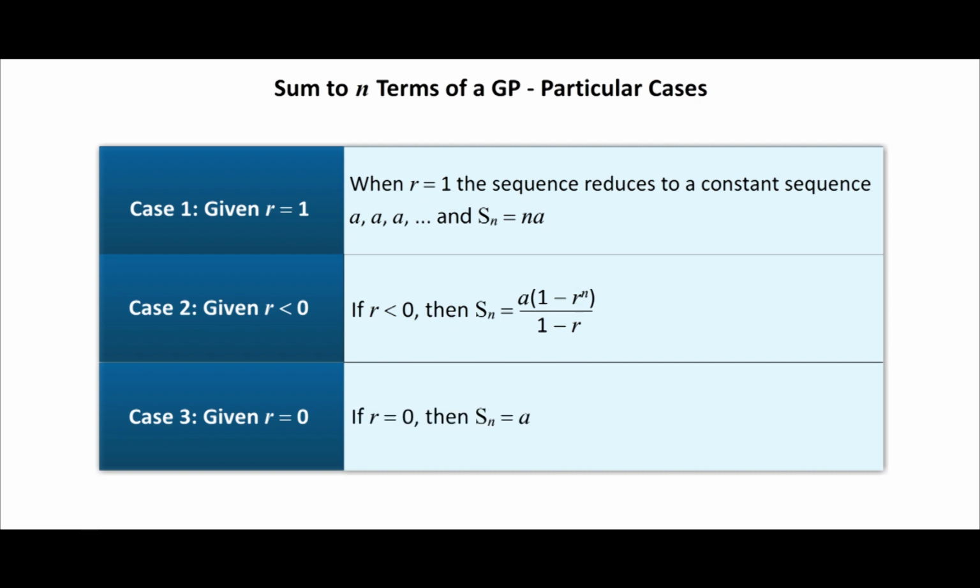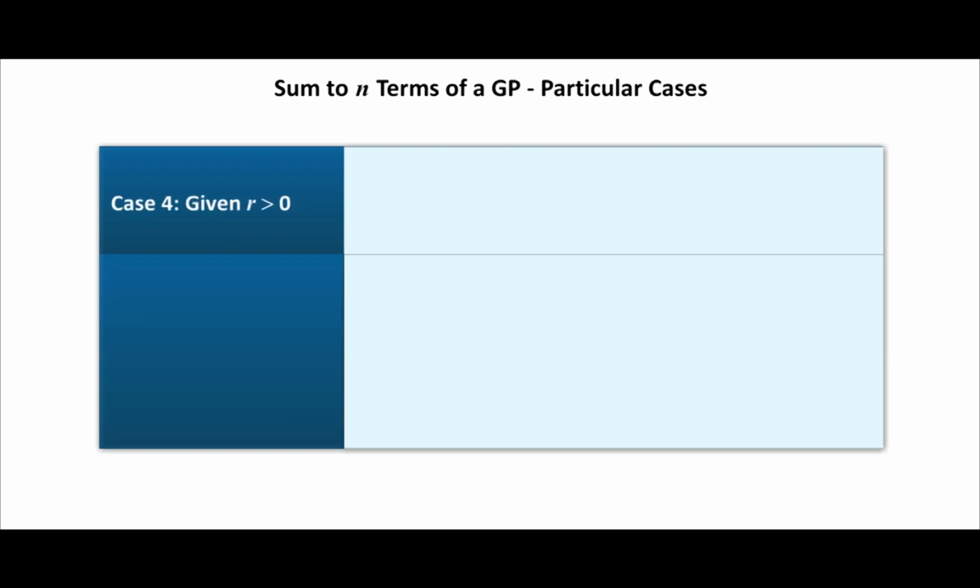If r is equal to 0, then Sn is equal to a. Case 4. Given r is greater than 0. If r is greater than 0, then Sn is equal to a into (r to the power n minus 1) divided by (r minus 1).